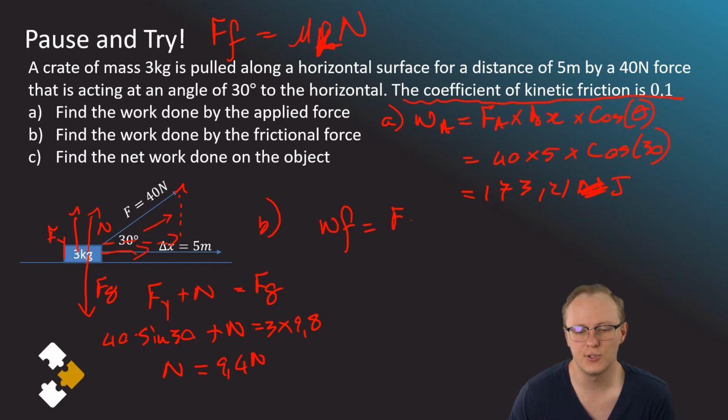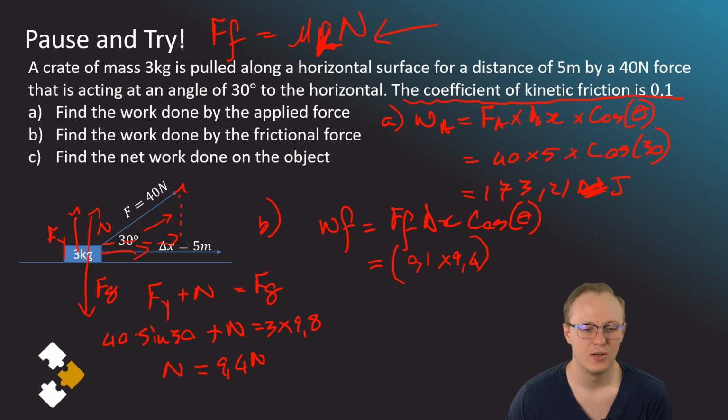It's going to be the force of friction times the displacement times cos of the angle between the force and the displacement. The frictional force is going to be mu K times N, right? So this is going to be 0.1 times the 9.4, the normal force that I just found. The displacement is going to be the same as before, 5.